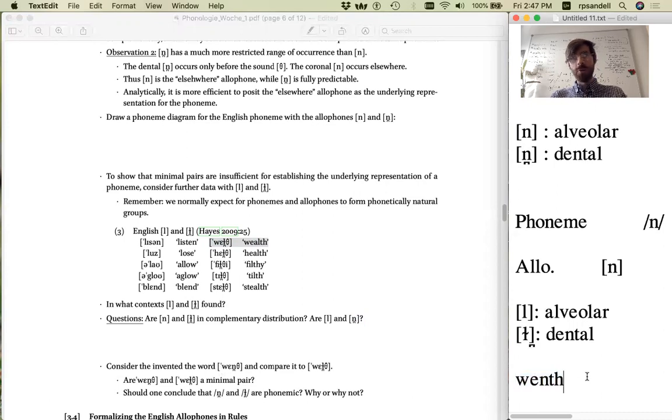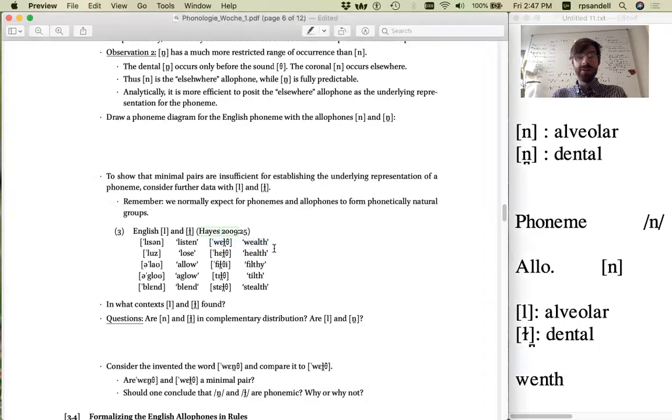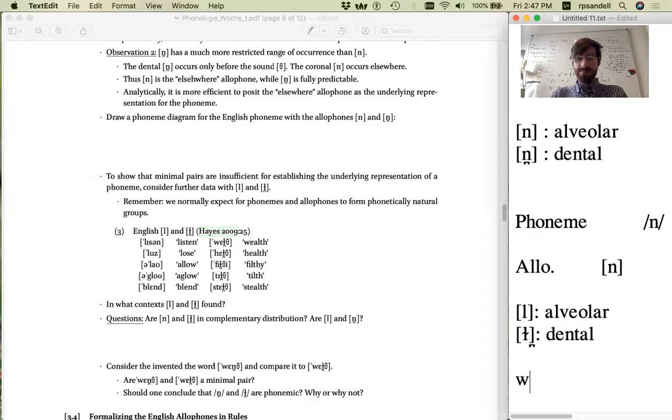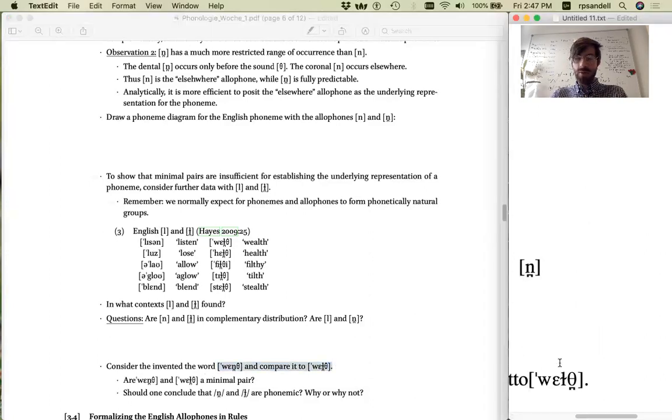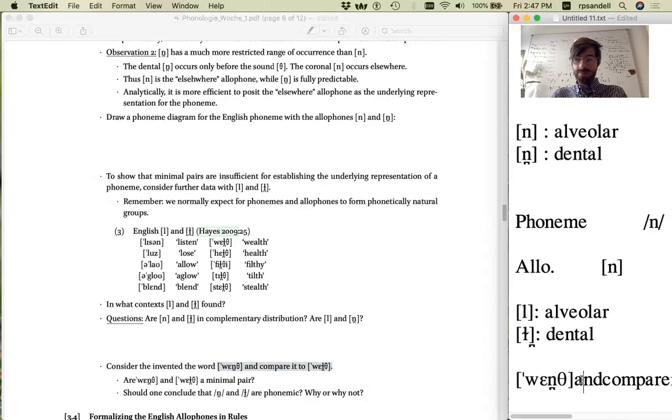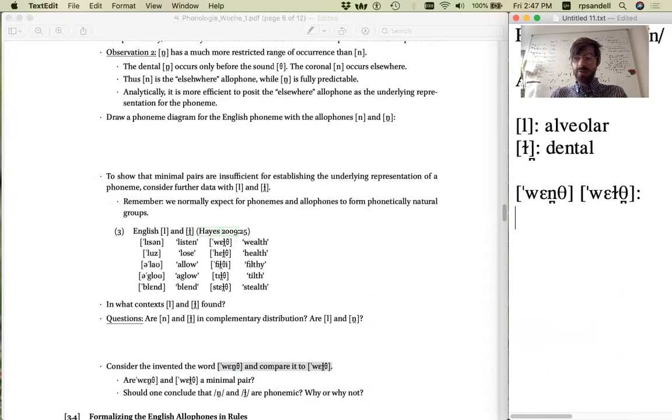And if there were a word of English when, my perception would be that it would have to mean something different from the existing word wealth. So that tells me that this fake word when and the actually existing word wealth constitute a minimal pair.